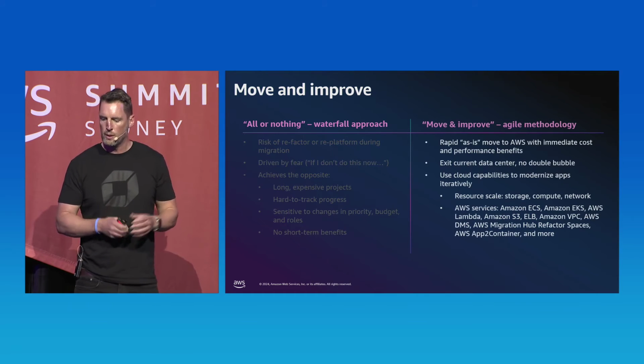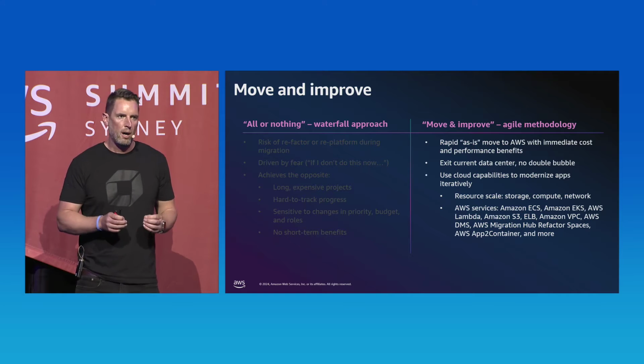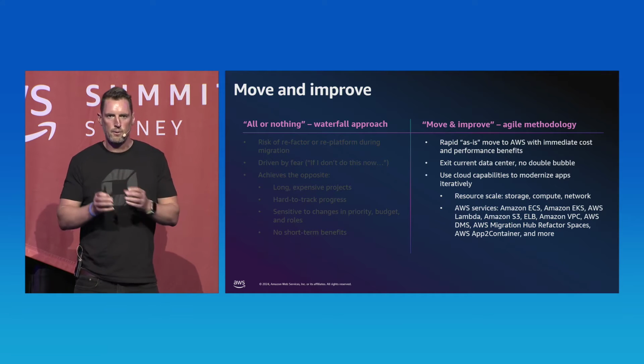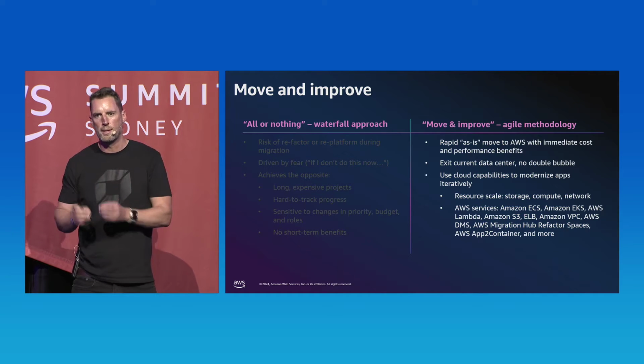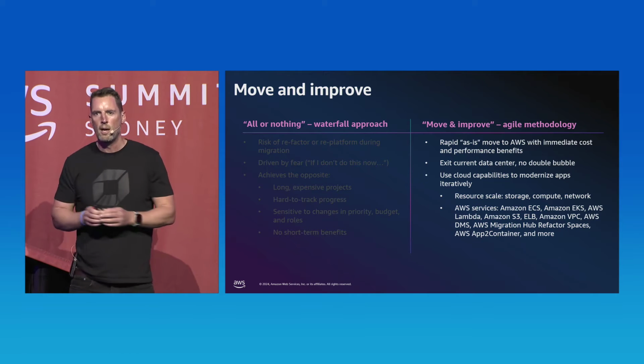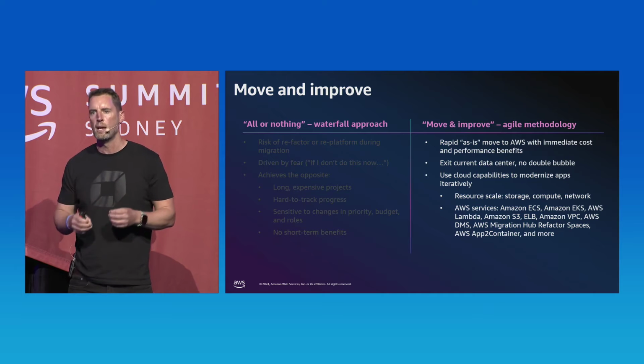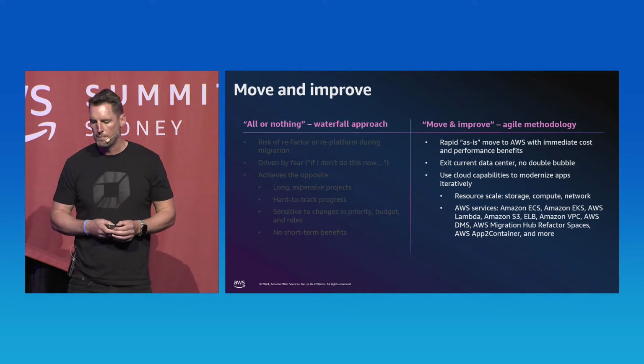But if we compare this with the move and improve agile methodology, where we combine the classic lift and shift or forklift approach of workloads, the important distinction here is that we don't just lift, shift, and leave, but we lift, shift, and then continually, iteratively optimize and modernize those workloads.